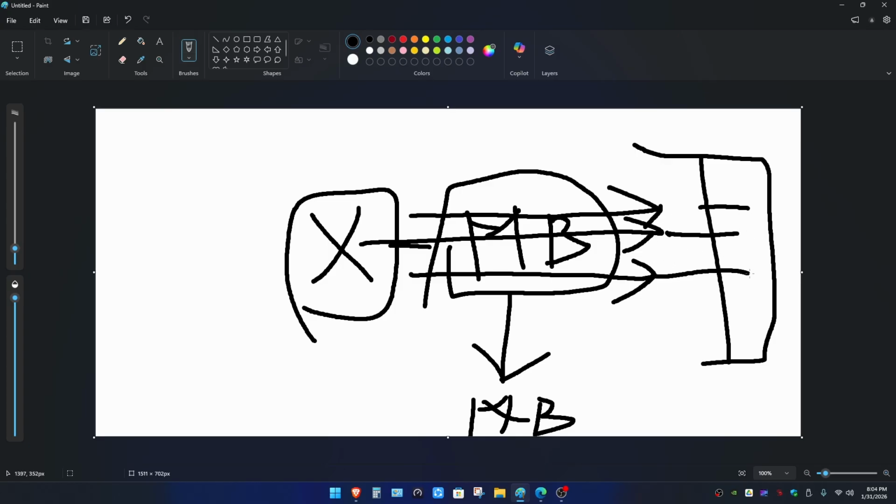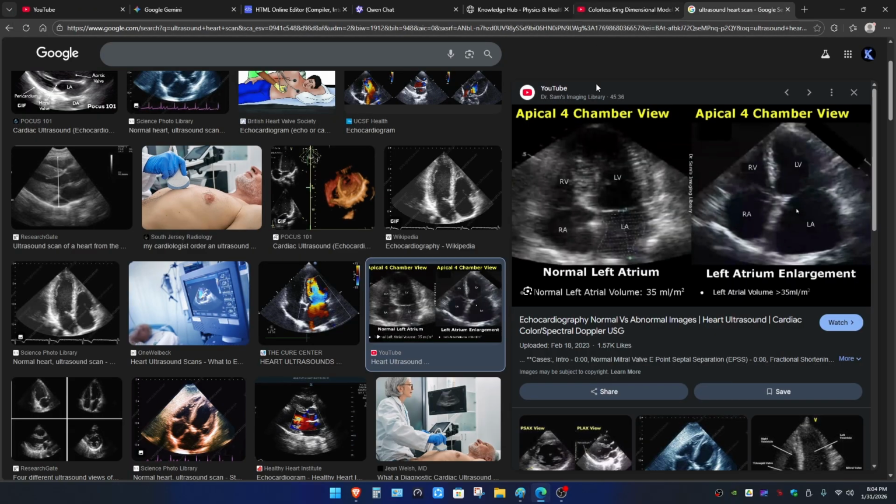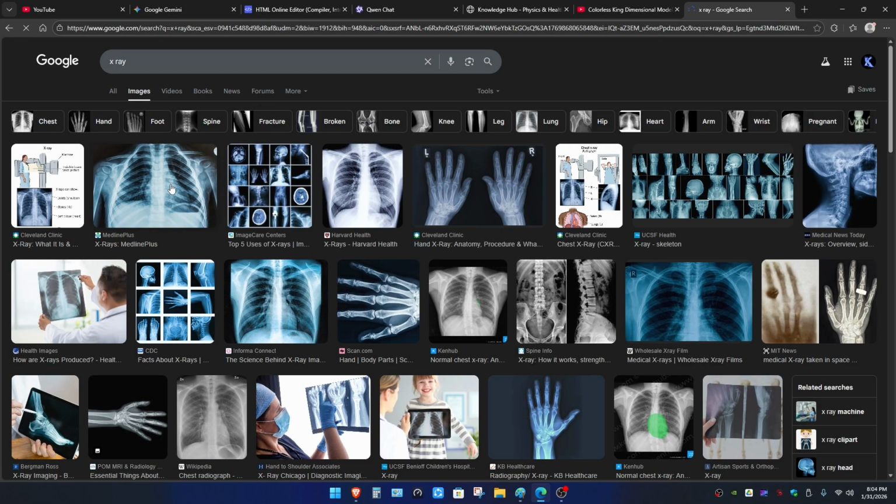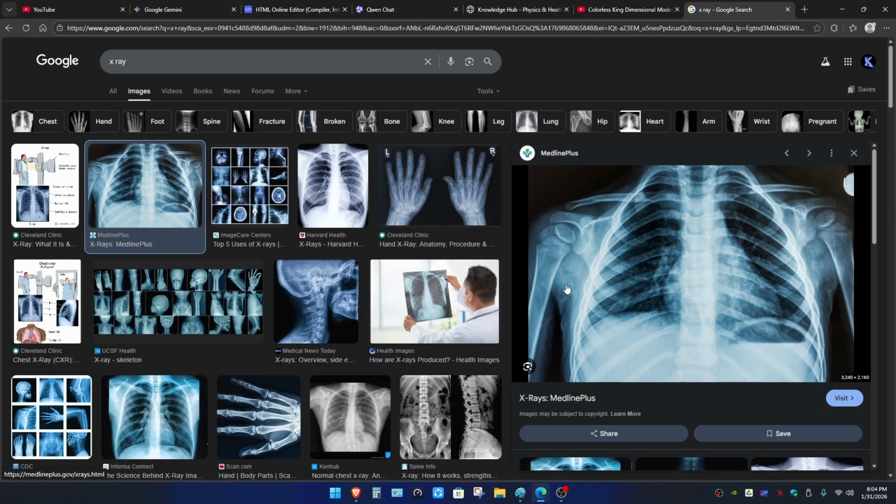So when we talk about X-ray, what we see is the bones a lot more visibly than the other parts of the body, which has a lot more air.